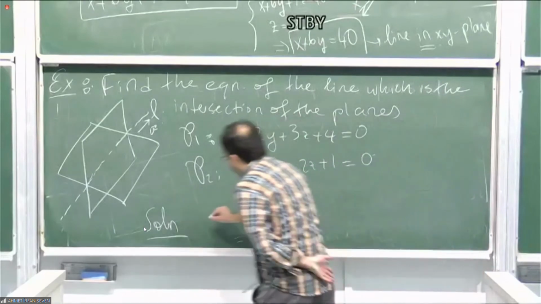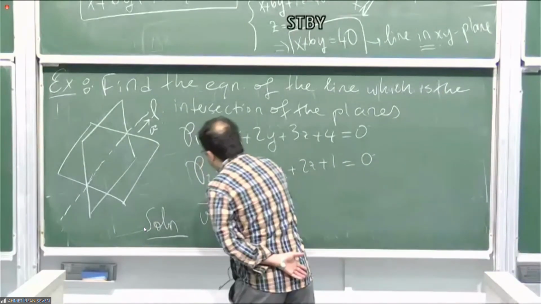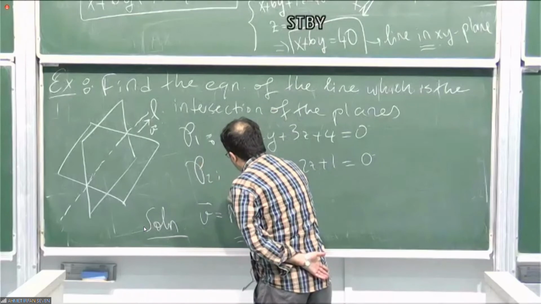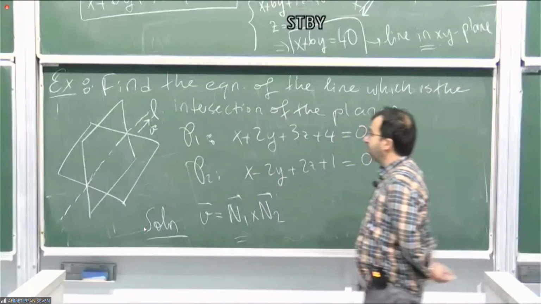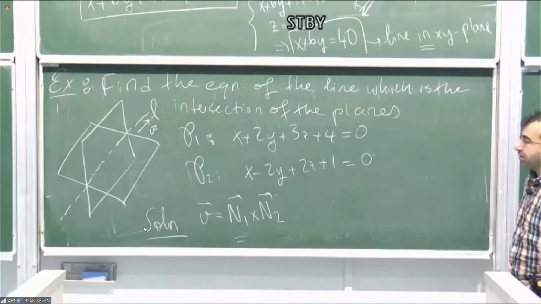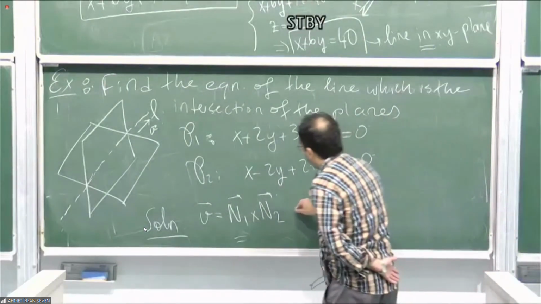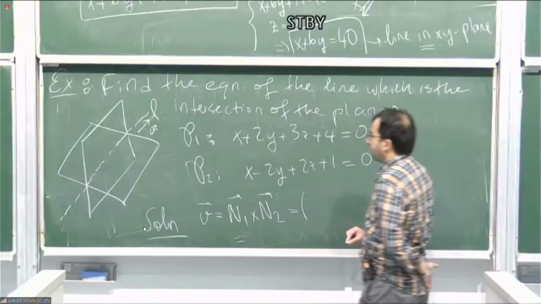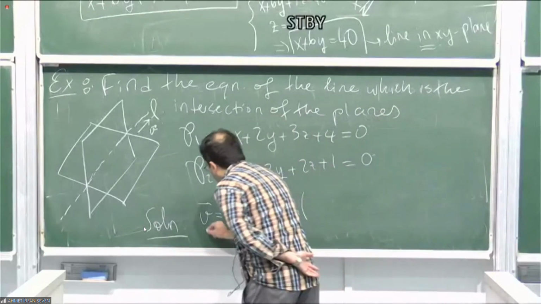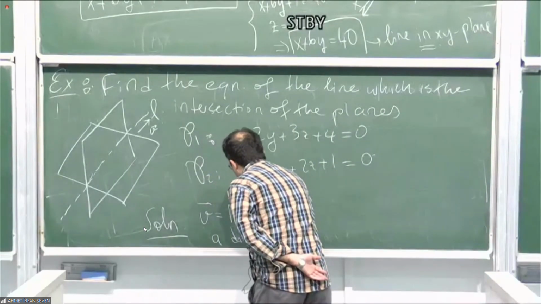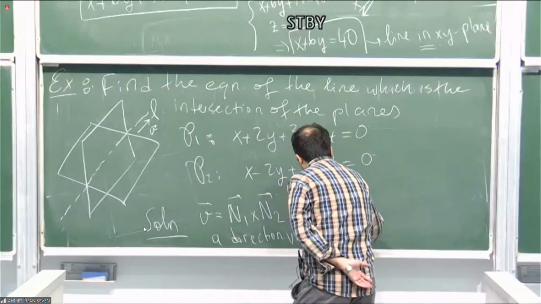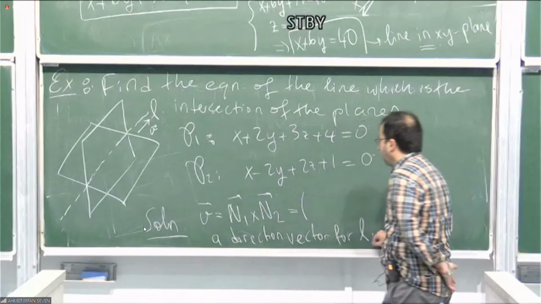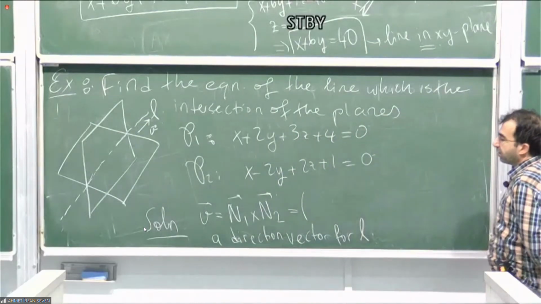So we can take V to be any vector perpendicular to both normal vectors. So N1 cross N2 will be a direction vector for L.